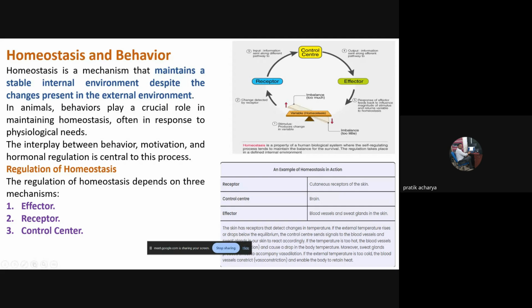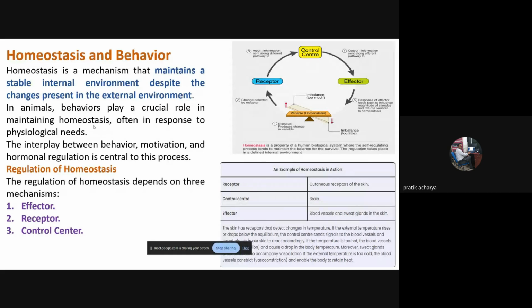In animals, behaviors play a crucial role in maintaining homeostasis. If we are not performing certain behavior, then homeostasis maintenance is very difficult. So to maintain homeostasis, we have to perform certain behavior. That's why the interplay between behavior, motivation, and hormonal regulation is central to this process.